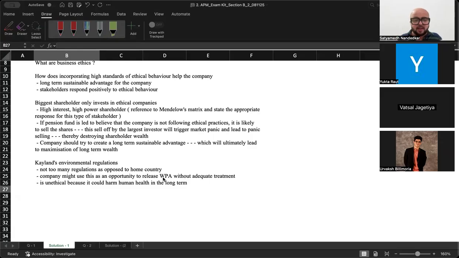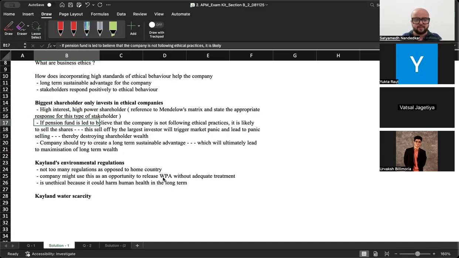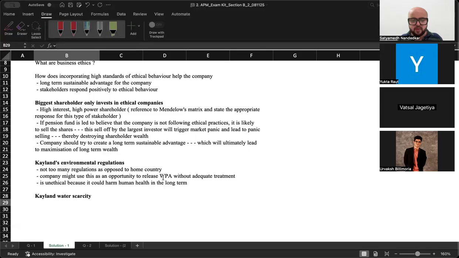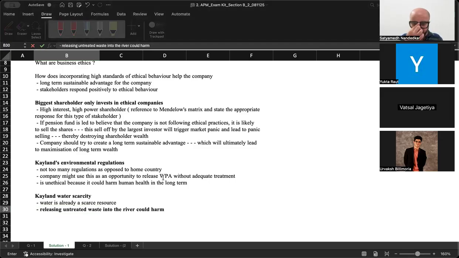Then scarcity of water. Kaeland, water scarcity. What do we talk with respect to that? Water is already a scarce resource. Releasing untreated waste into the river could harm what?